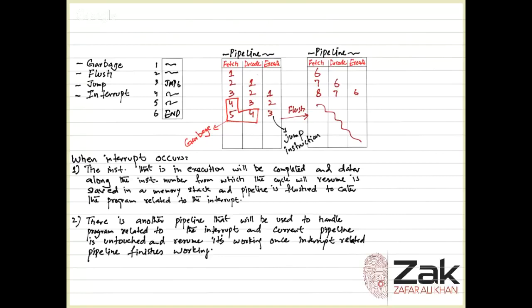As soon as there is an interrupt, your pipeline is hanged, frozen. And another pipeline that we have in the system will tackle the program related to the interrupt. Once it is completed, this frozen pipeline will be resumed. This is another idea. Otherwise, it is the same interrupt that we learned earlier.